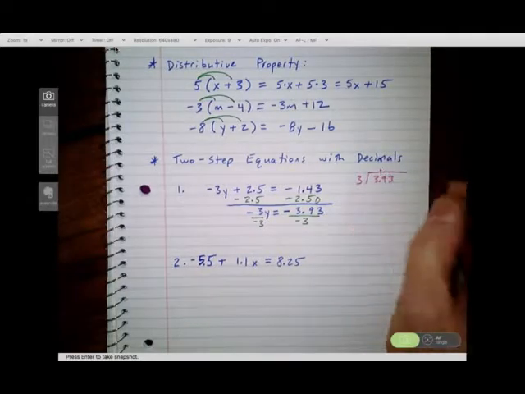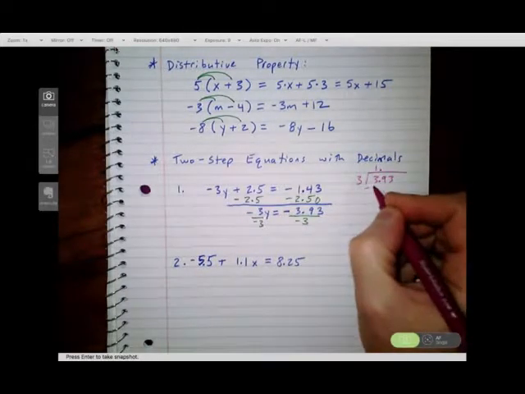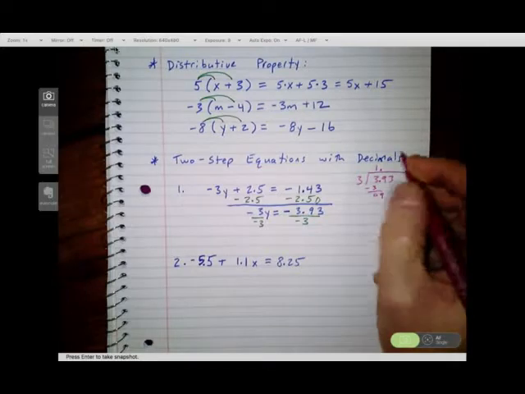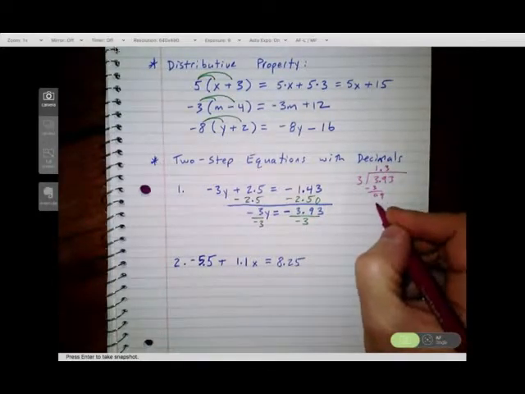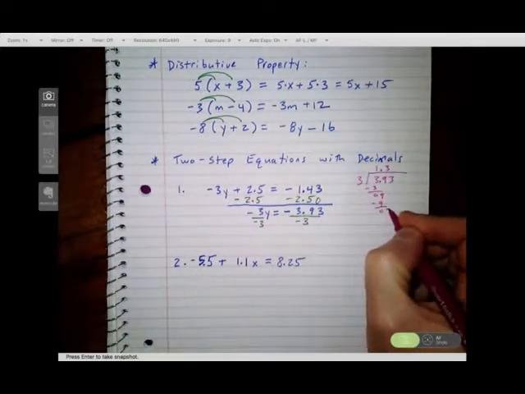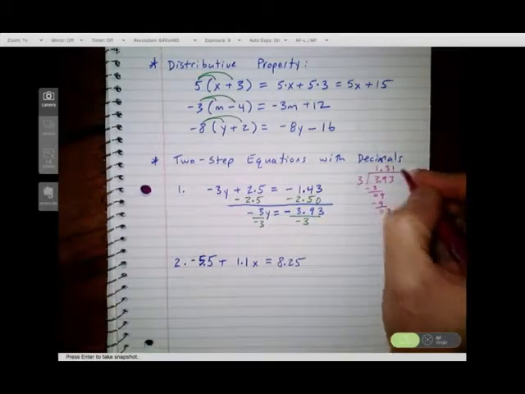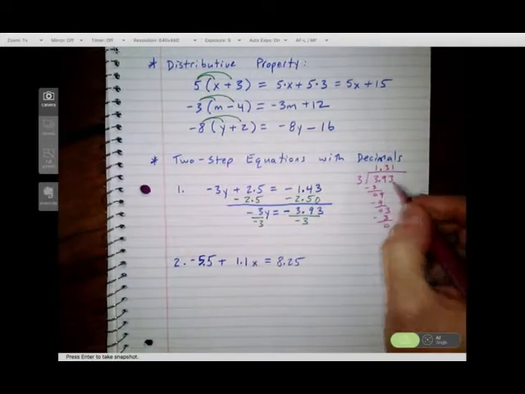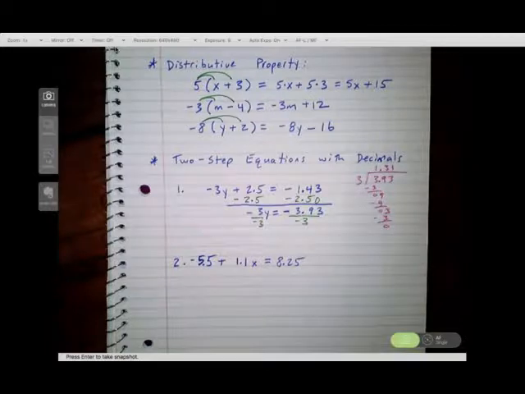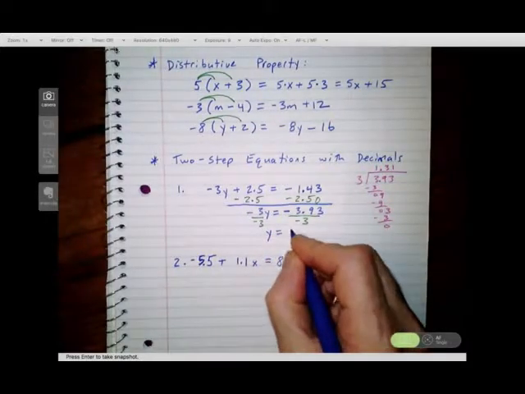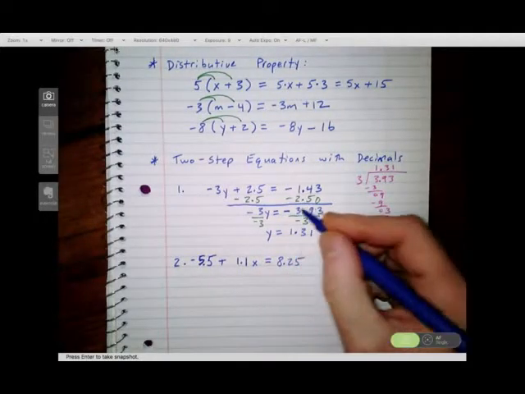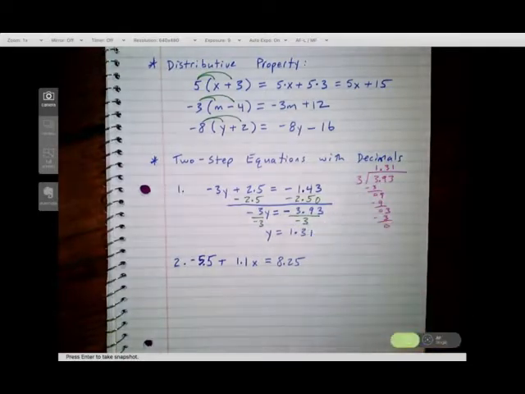Decimal point just goes straight up. 3 goes into 3 once. 3 goes into 9 3 times. And a 3 left at the end there. So 3 goes into 3 once. And I'm done. I don't have to worry about adding any more zeros and having more decimal places in my answer, fortunately. So I get y equal to 1.31. Again, it's positive because a negative divided by a negative is a positive.